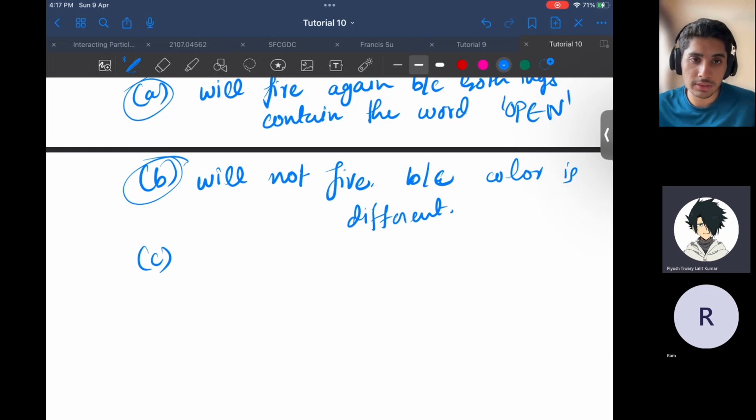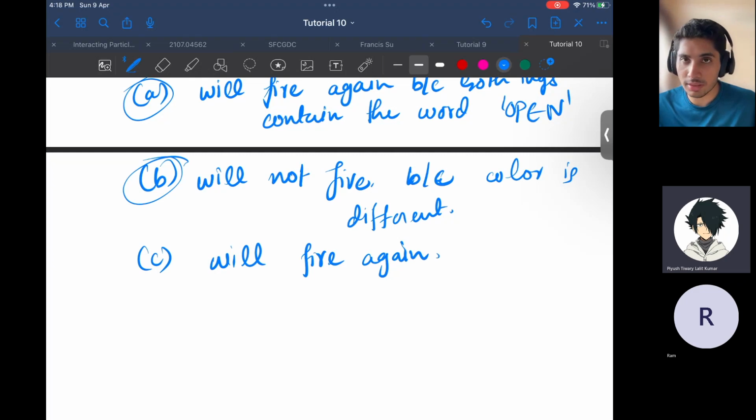C option says the neuron will fire again since the background image will fire again. But unless there is something very specific, we cannot say anything, because neural networks work in mysterious ways, and there is no particular explanation to claim whether a particular neuron will fire at this point of time or not.